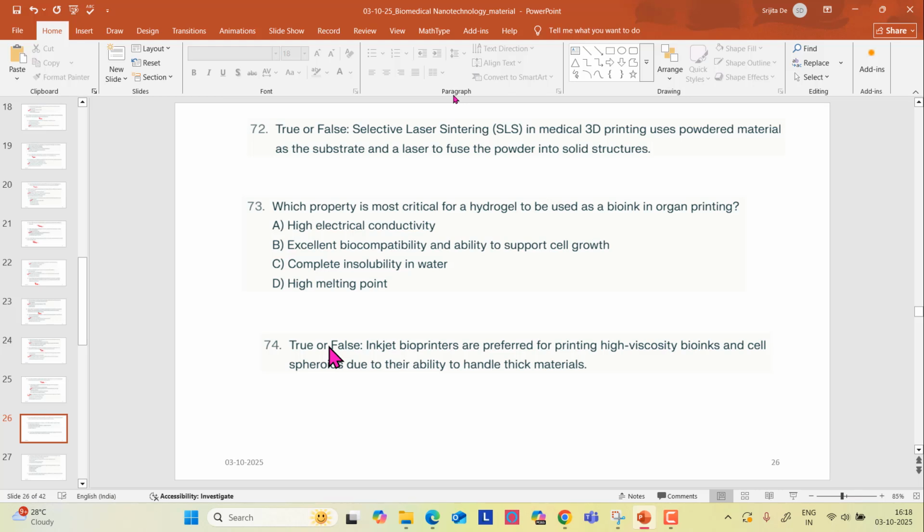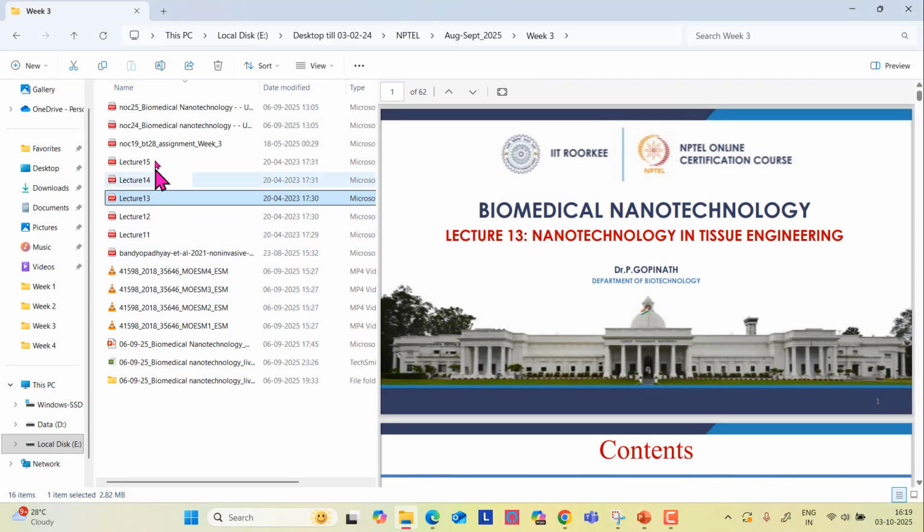Selective laser sintering in medical 3D printing uses powdered material as the substrate and a laser to fuse the powder into solid structures. Selective laser sintering. True. I'm guessing it's true.